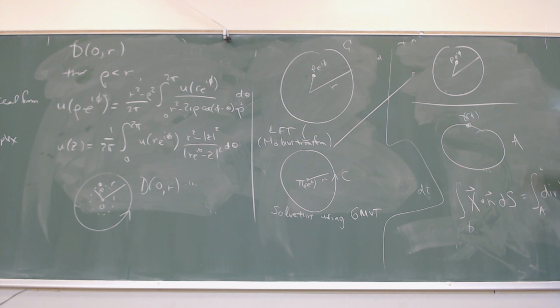Now, does anything about complex functions appear anywhere in that theorem? No. X here is supposed to be some vector field, so you can think of it as a u, whatever. It's a vector field on A. Maybe you would call it u1 of x and y, u2 of x and y.